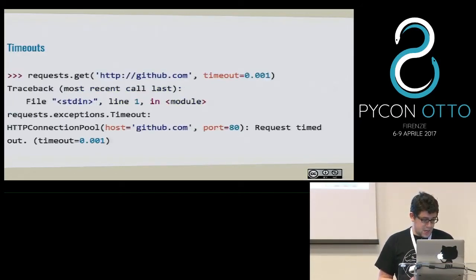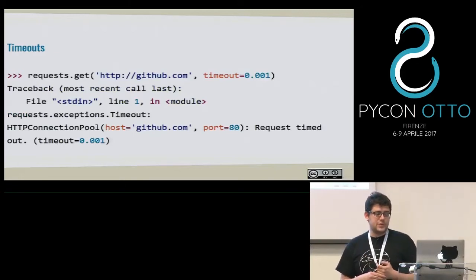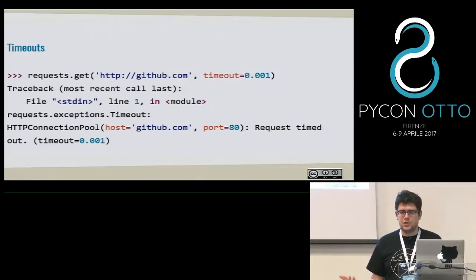Right, go on. Timeout. When you interact, especially with an external resource, you cannot know in advance if the resource is going to be fast or slow, so you can give a timeout. It's important that your code doesn't crash and can handle this kind of behavior.